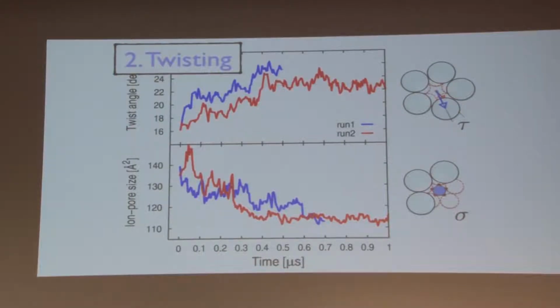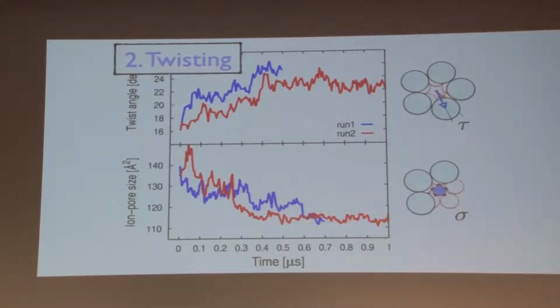In fact, if we monitor the relative position of the extracellular domain relative to the transmembrane domain, we can clearly see that during the trajectory there's a quite large twisting transition, from a value of 12 that goes to about 22, and so the global receptor twists in response to ivermectin unbinding. And the simulation also suggests that the twisting transition correlates with the closing of the ion pore, which implies that the twisting transition controls the opening and closing of the ion pore.